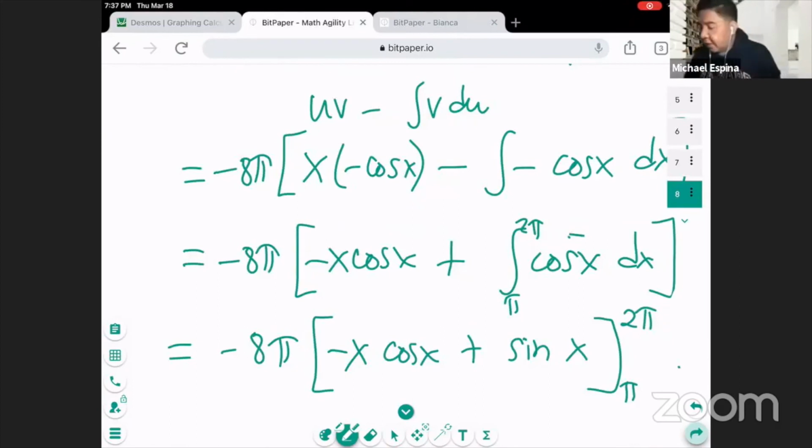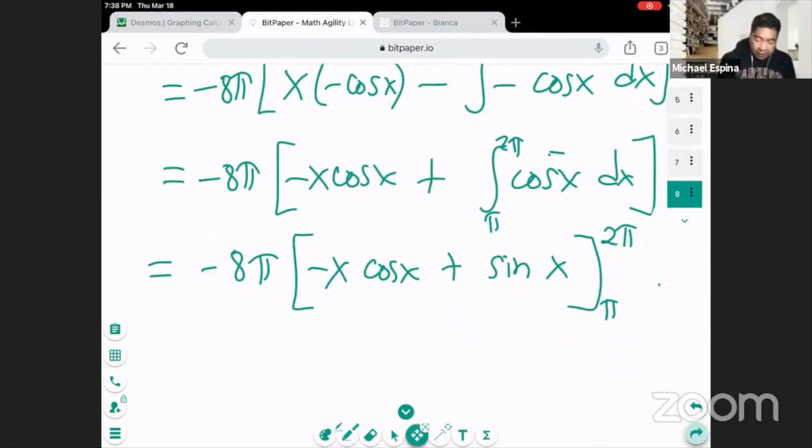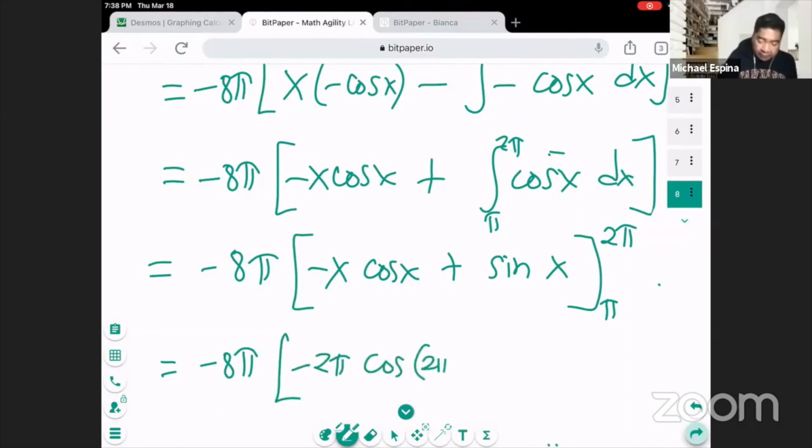And then we substitute our limits, so 2 pi and pi. So negative 8 pi, negative 2 pi cosine of 2 pi plus sine of 2 pi. And then minus minus, so that's plus pi cosine of pi minus sine of pi, right?